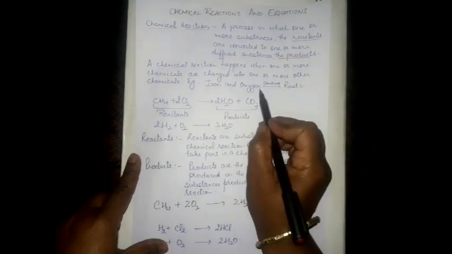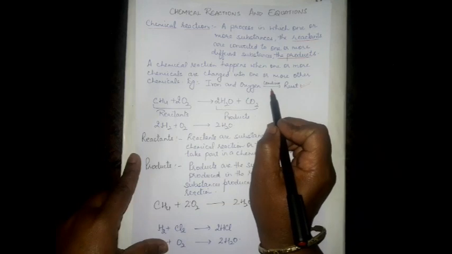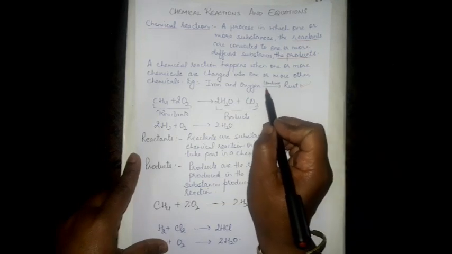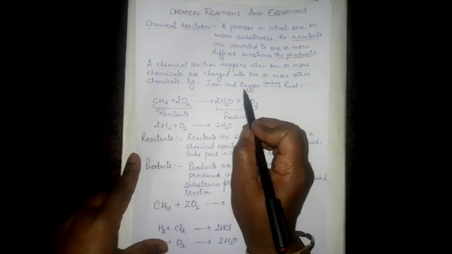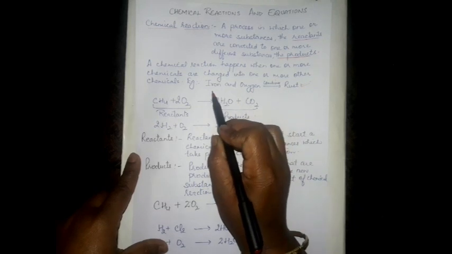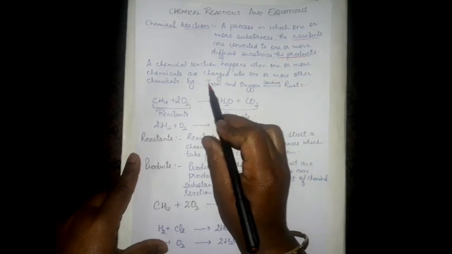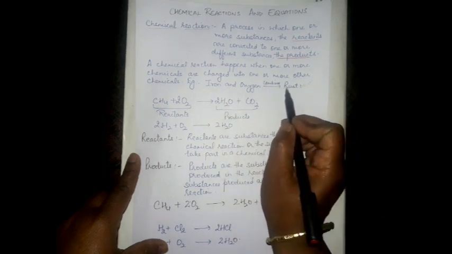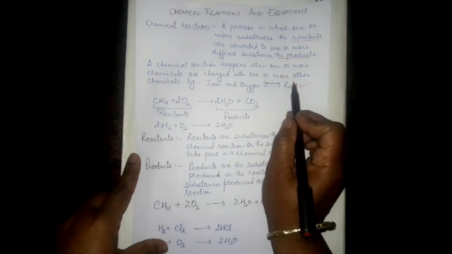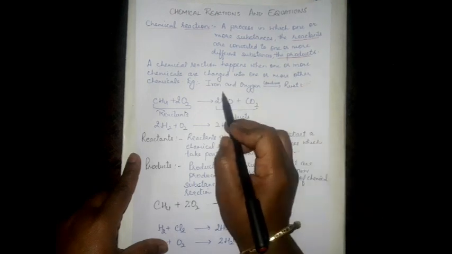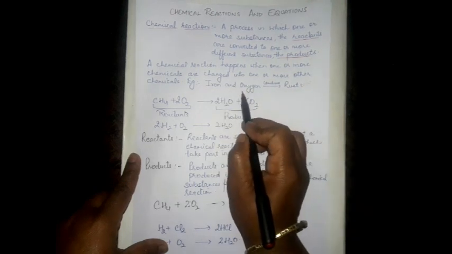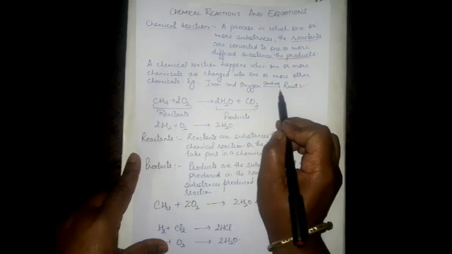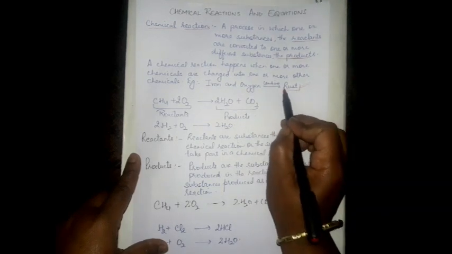You have seen your gates or the things which are made up of iron. Whenever you do not paint those things, they react with oxygen and a rusty substance appears on the object. So that is the chemical reaction. It means that iron reacts with oxygen and forms a new product which is known as rust.